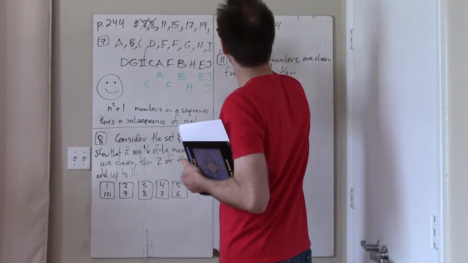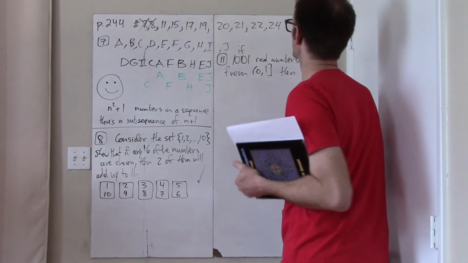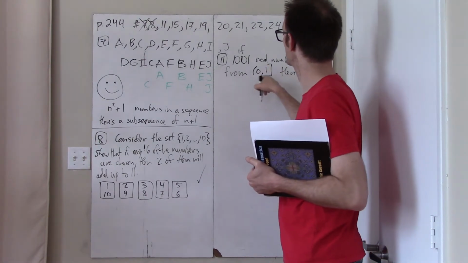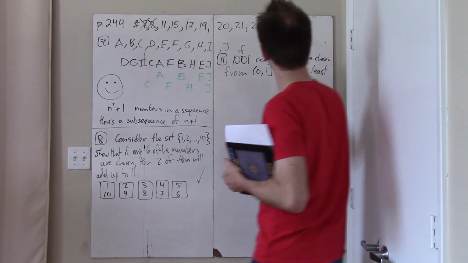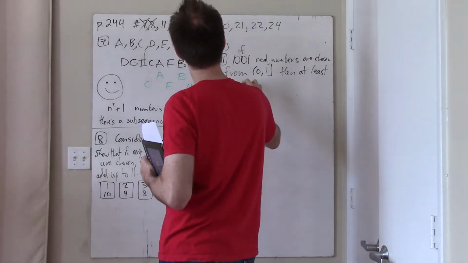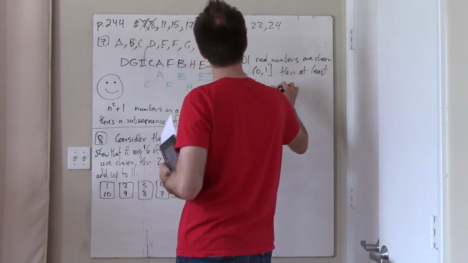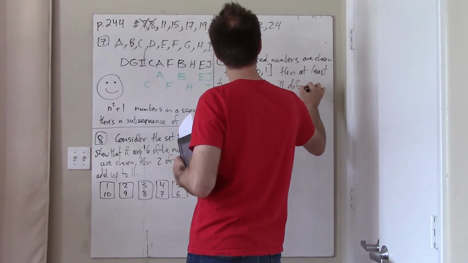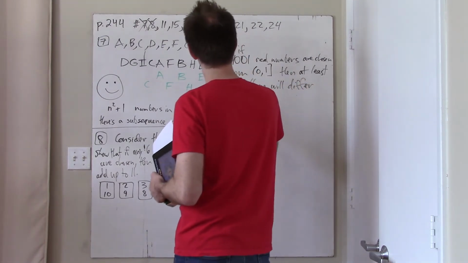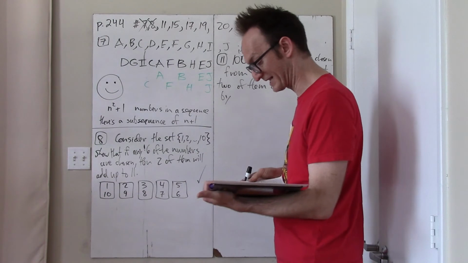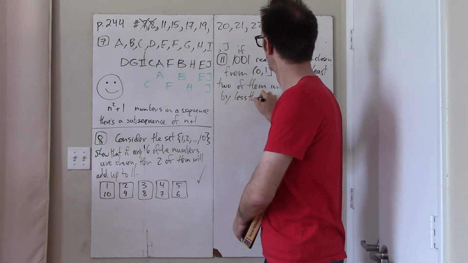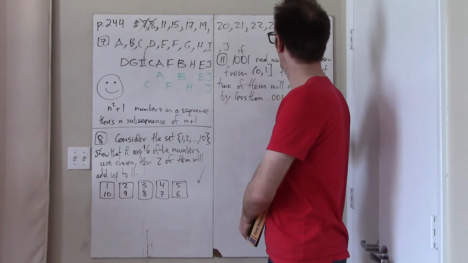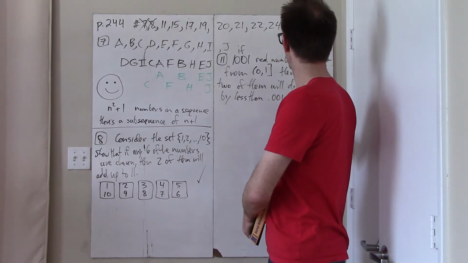So if 1001 real numbers are chosen from the set from 0 to 1, then at least 2 of them will differ by, how do they phrase it exactly? Less than 0.001, which is just 1 over 1,000.